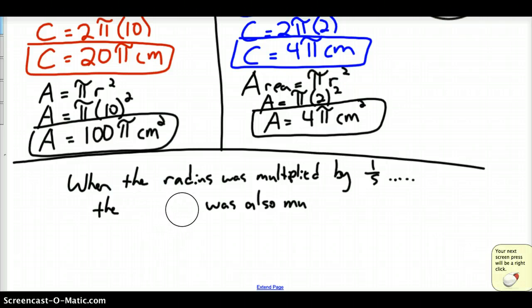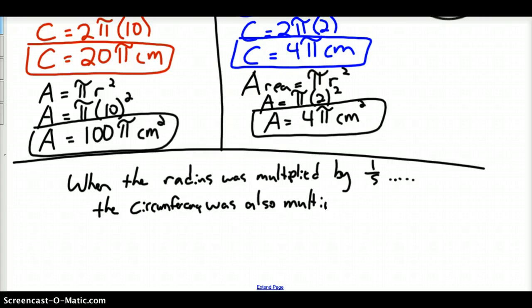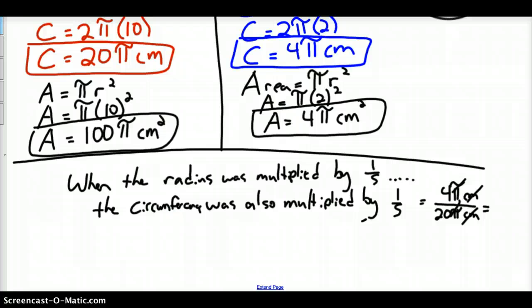Let me get out of the quadrilaterals and polygons mode, and let's say circumference. The circumference was also multiplied by 1/5, because 4 pi centimeters over 20 pi centimeters, if we reduce this, pi over pi, centimeters over centimeters, and divide both the top and the bottom by 4, we would see that this is actually going to be 1/5.